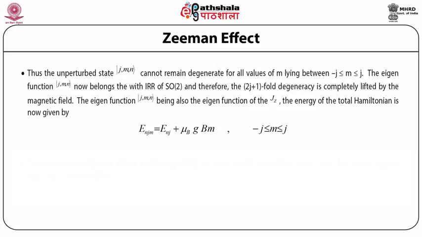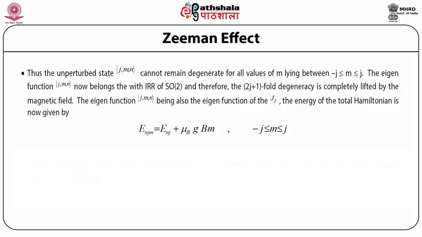Therefore the total energy E_NJM is equal to E_NJ, the energy of the unperturbed Hamiltonian, plus mu_B g B times M, because the z component of the angular momentum has the eigenvalue M and the perturbation is mu dot B. If the magnetic field is in the z direction, it is the z component of the angular momentum which contributes.